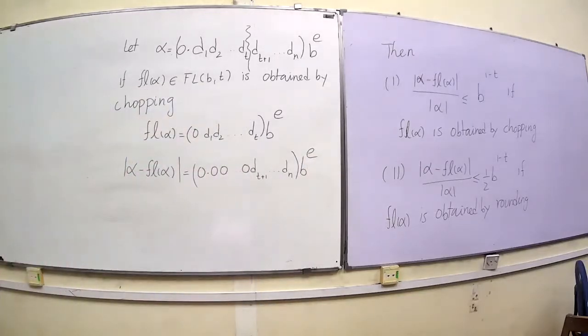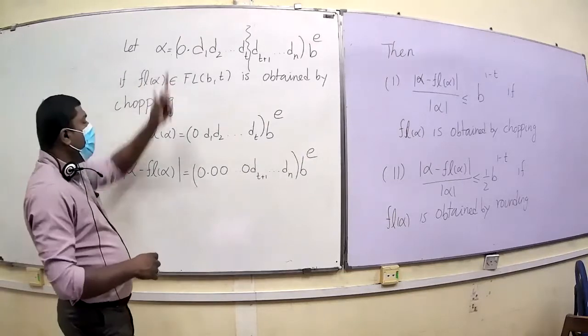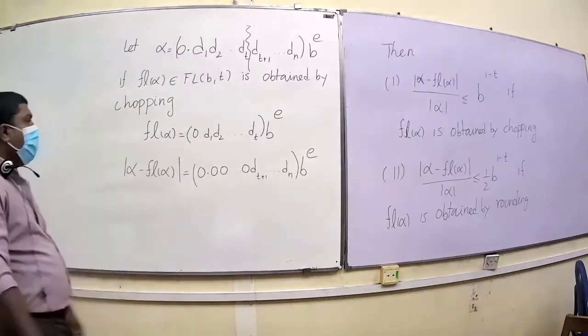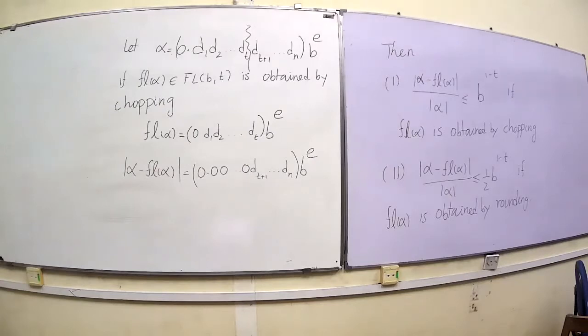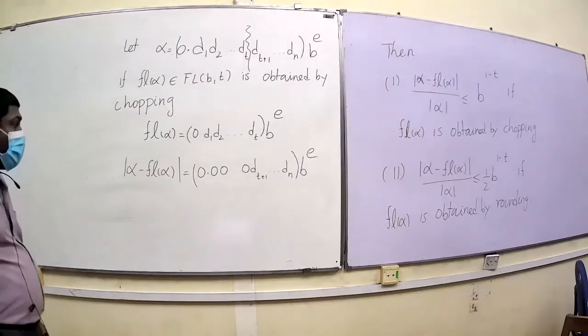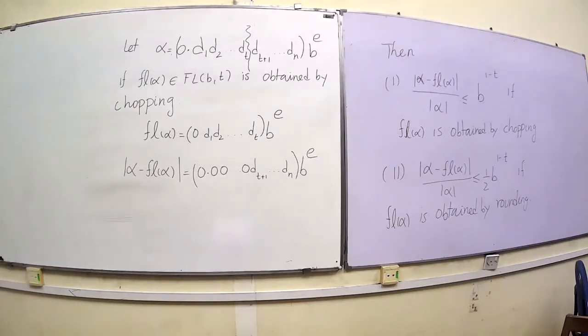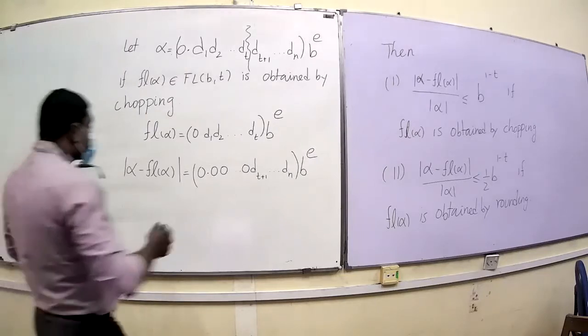If you subtract FL of alpha from alpha, even if you put plus or minus, it doesn't matter. So on the first t digits, the digits are the same in FL of alpha and alpha. So when you subtract, they are all gone, and you end up with this.